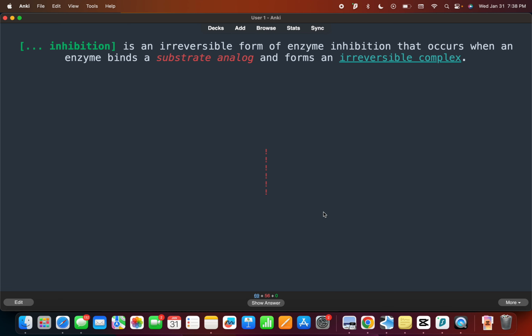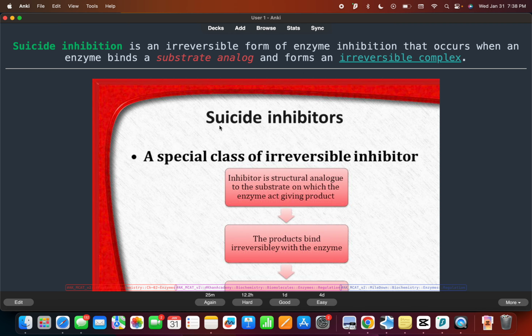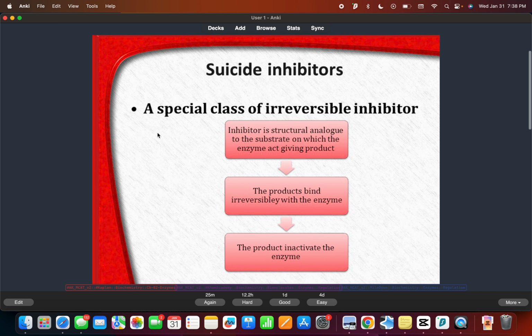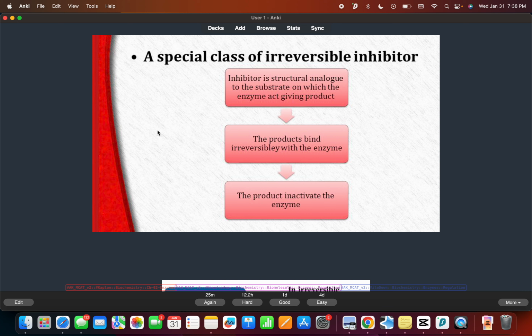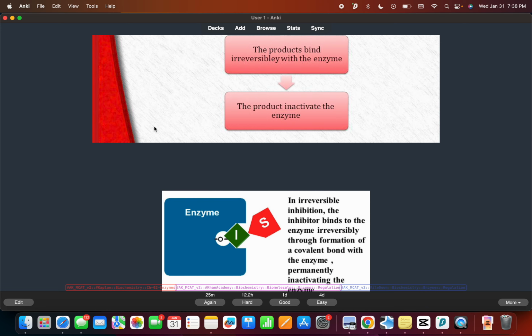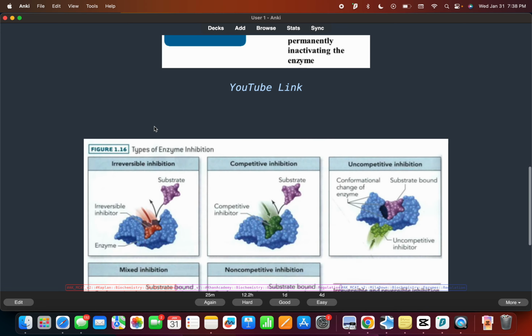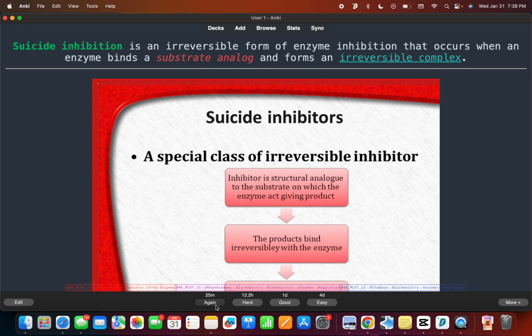The ES complex is this uncompetitive suicide inhibition. Wow. A special class of irreversible inhibitor. The inhibitor is a structural analog to the substrate on which the enzyme acts, giving product. The products bind irreversibly with the enzyme. The product inactivates the enzyme. I didn't know that.